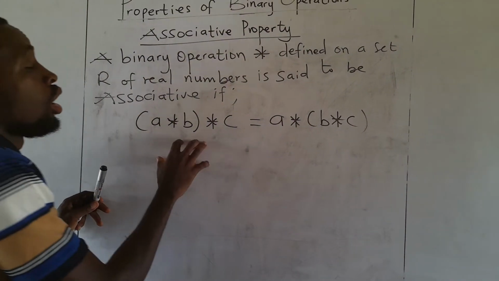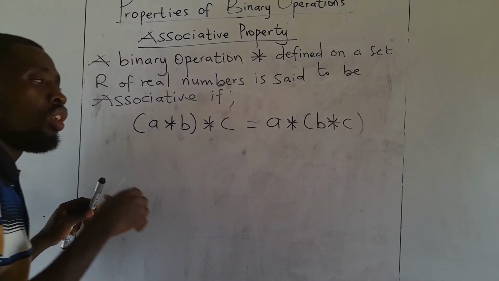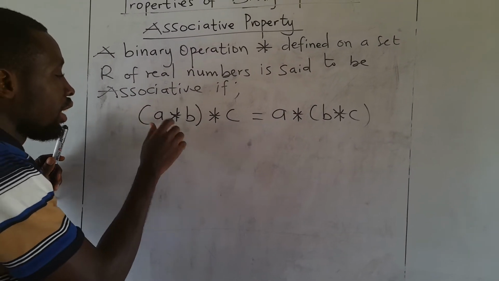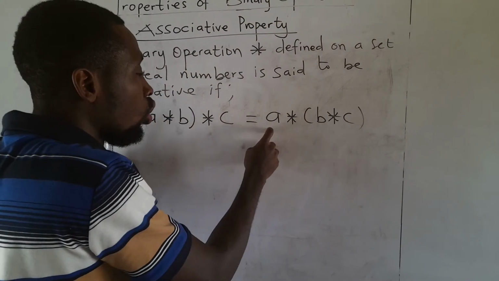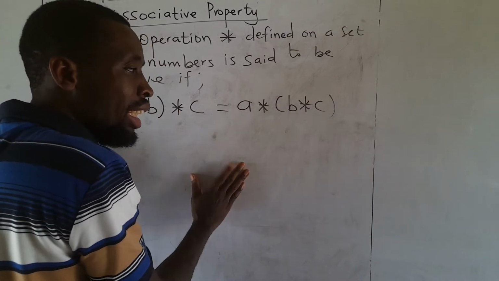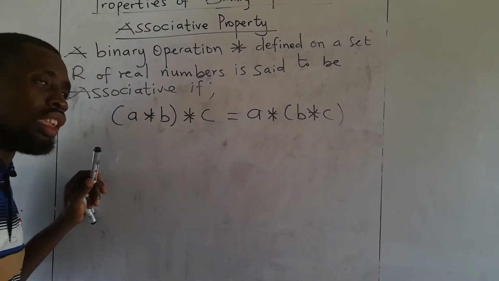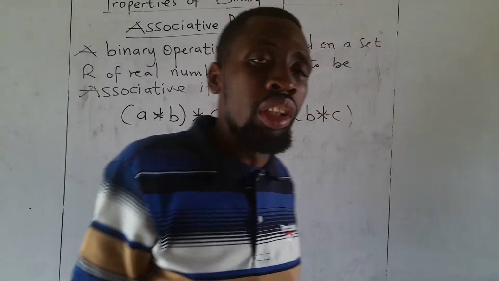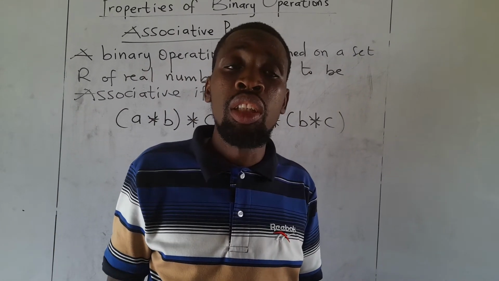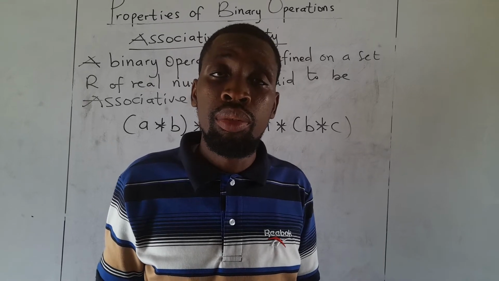So after a binary operation defined on a set of real numbers is investigated and (A star B) star C is equal to A star (B star C) are the same, then we say the operation defined on the set of real numbers is associative. So now we take some sample questions and see how we prove that.